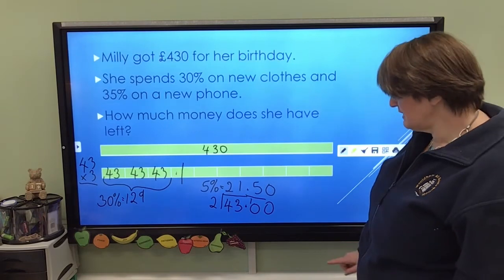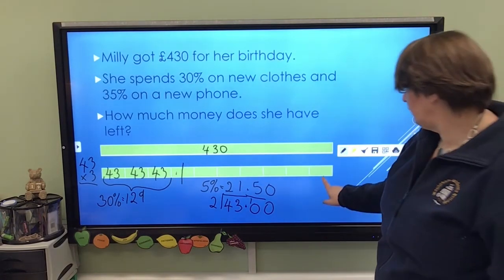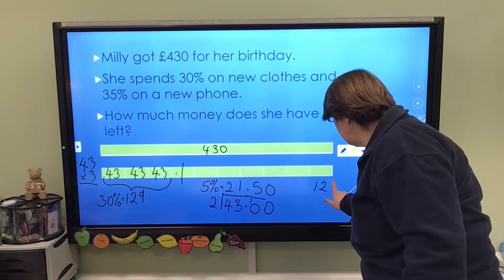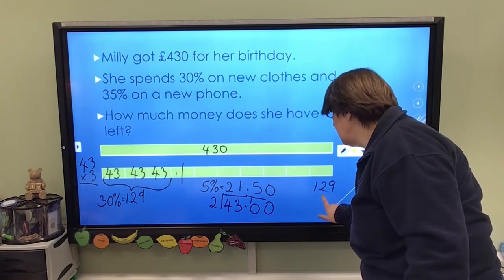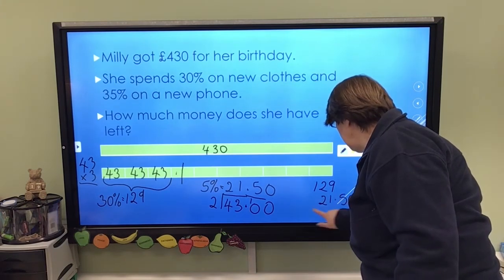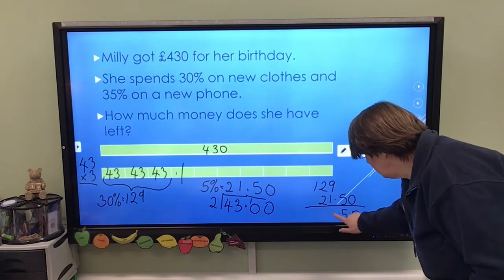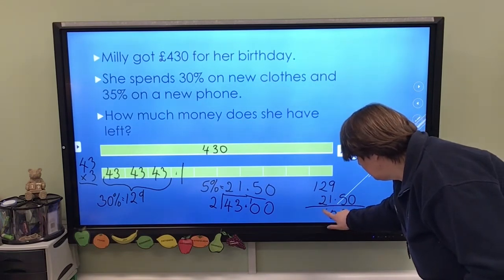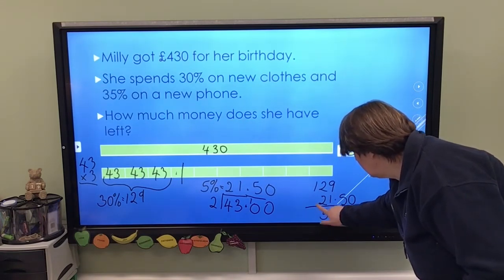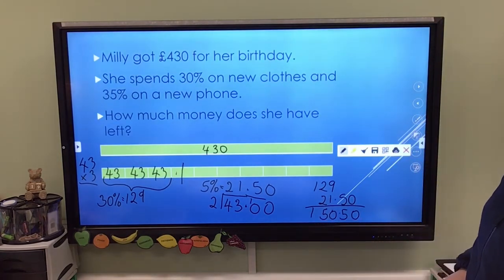So to find 35%, because we already know our 30%, we've got 129 plus 21.50. There we are, 150.50 she's spent already.